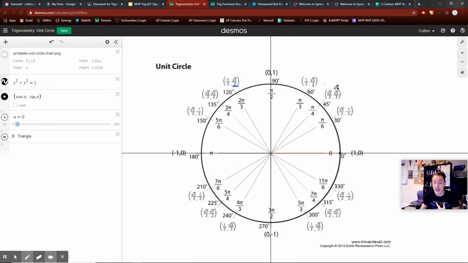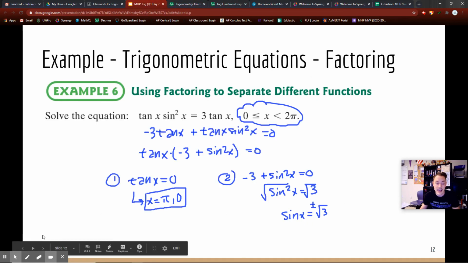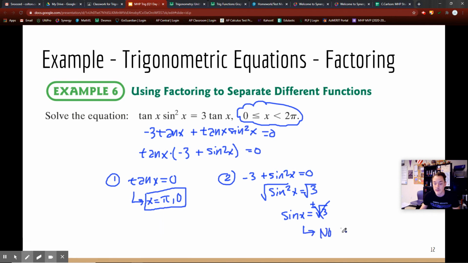And no, I don't have any radical 3. I have radical 3 all over 2 or negative radical 3 all over 2, but no just simple radical 3. So since I have no simple radical 3 here, what we say is this is a no solution. So my only 2 solutions for my whole equation are pi and 0.